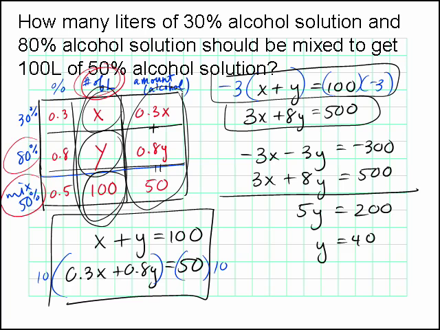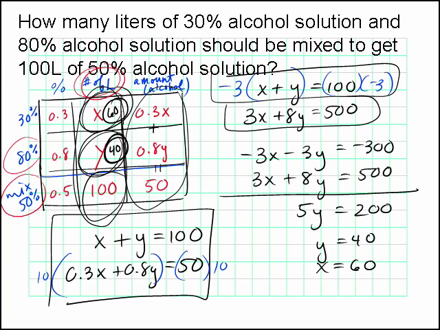So if I go back to the chart over here, this one is a 40 right here. And since the x and the y are supposed to add up to 100, that means the x must be 60. 60 plus 40 is 100. And so I've solved my problem.